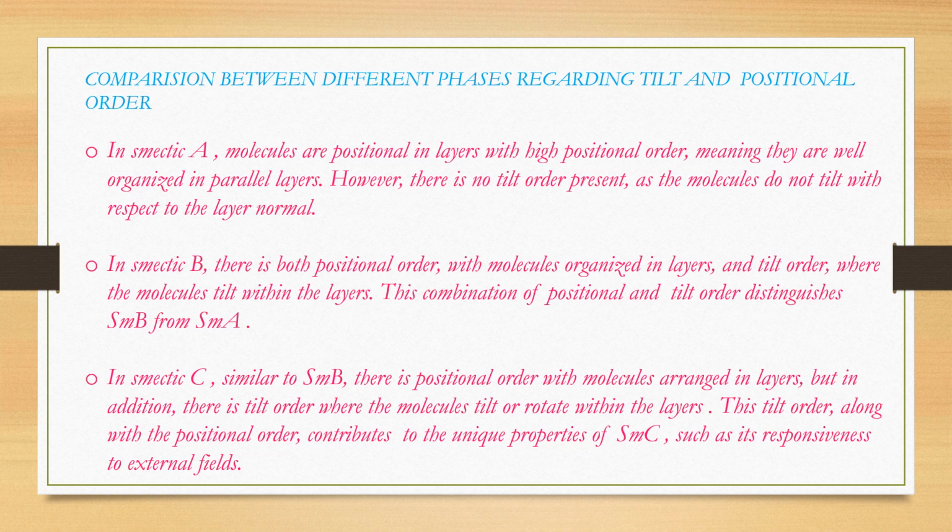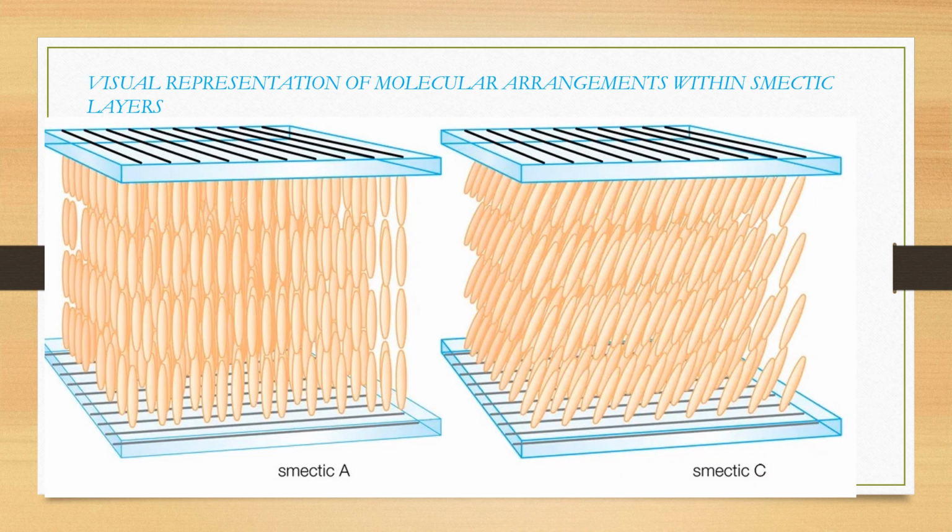As we already studied all this, these are just points taken from the different phases, and until now we have studied the definitions. This is a visual representation of the molecular arrangement within smectic layers. The first picture is the smectic A phase and the second picture is the smectic C phase. So where is the smectic B phase picture?